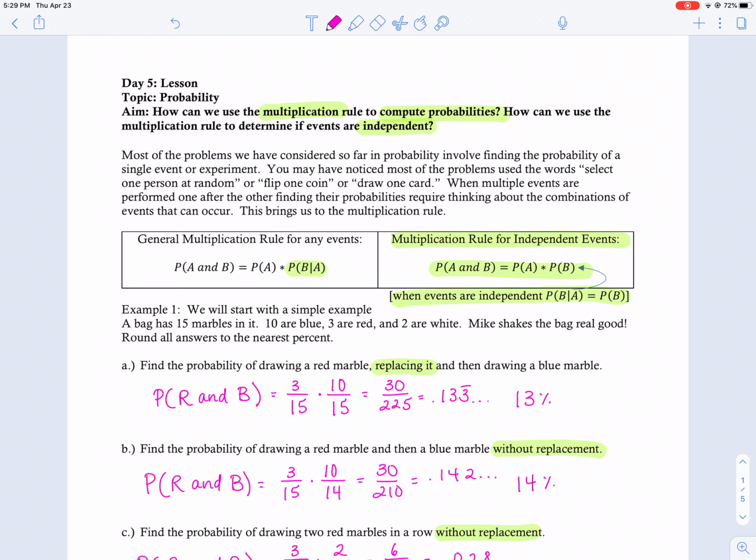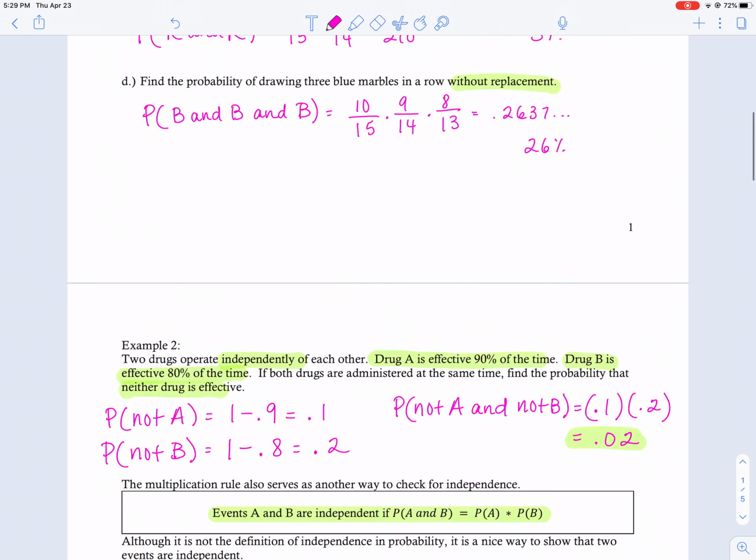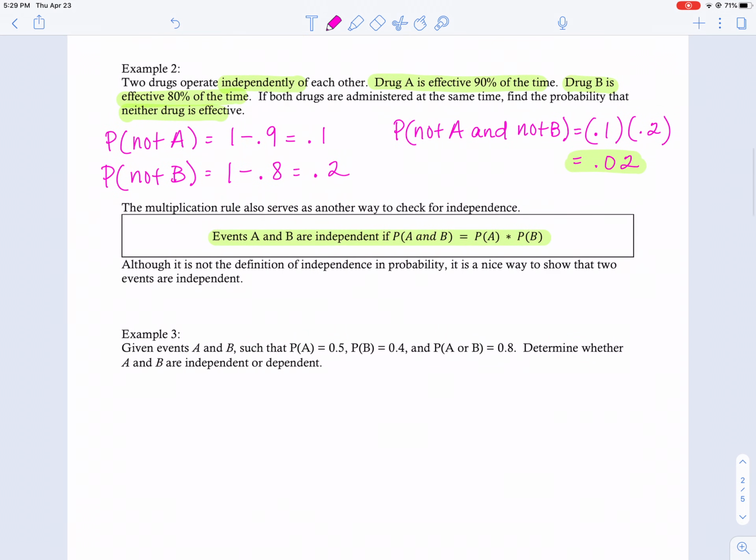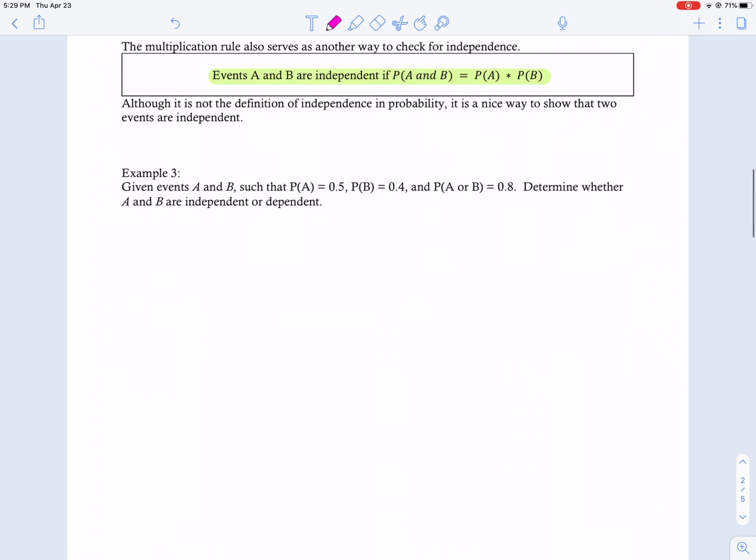Okay, here's your definition of independence. That's how they define it. The probability of B given A equals the probability of B, meaning A did not affect that probability of B. But this is another definite way to check independence, and we see this a lot with the Regents in different questions. So let's talk about this one.